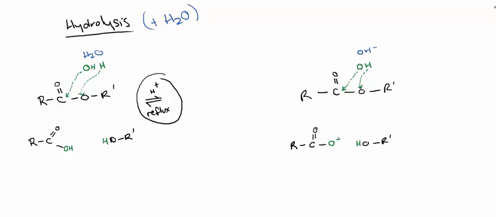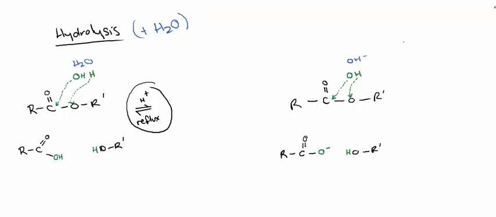So due to the presence of one less hydrogen, our carboxyl group here is one hydrogen short, meaning it's actually a carboxylate ion rather than a carboxyl. So for the hydrolysis of esters, if we've got an acidic environment, we're going to get a carboxylic acid and an alcohol. If we've got an alkaline environment, we're going to get a carboxylate ion and an alcohol.